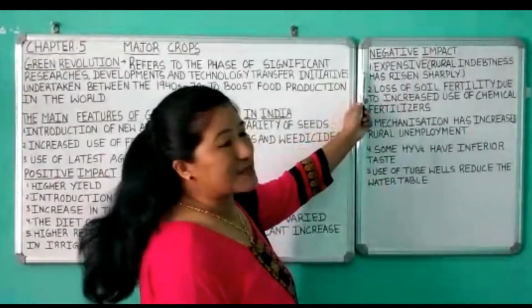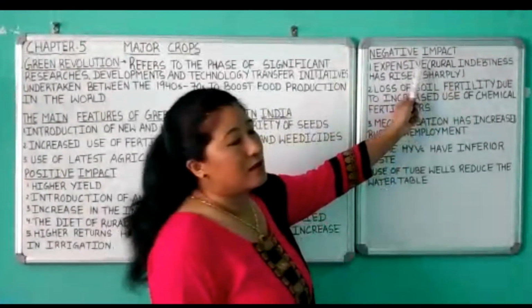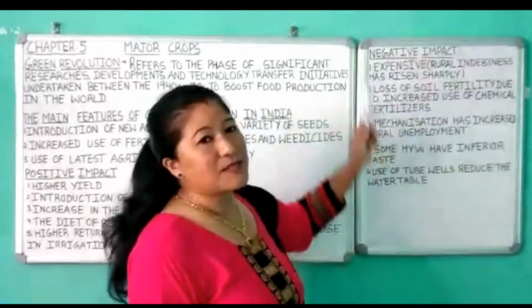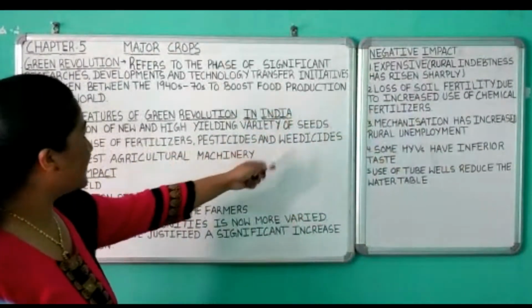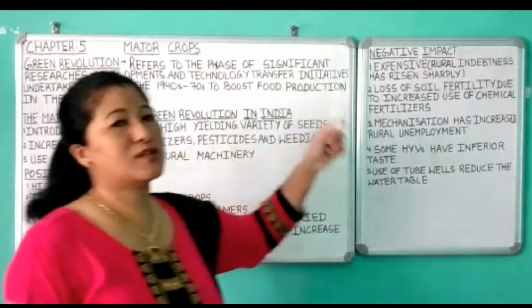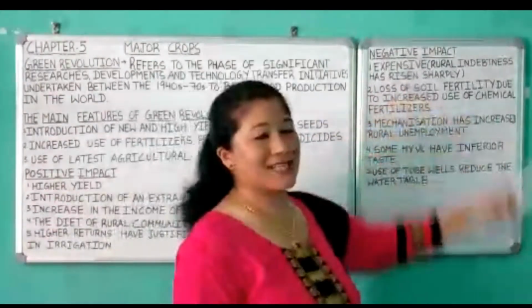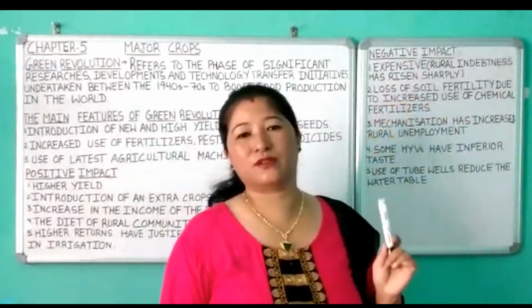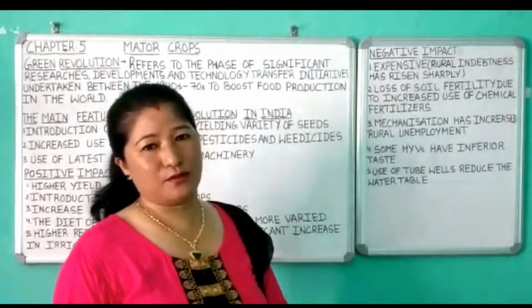Number one, it was expensive. Rural indebtedness has risen sharply. The farmers were encouraged to use more HYV seeds, fertilizers, pesticides and weedicides, and the cost of production was high. Because of this, the farmers are in constant debt. That is one of the greatest disadvantages or limitations of Green Revolution.